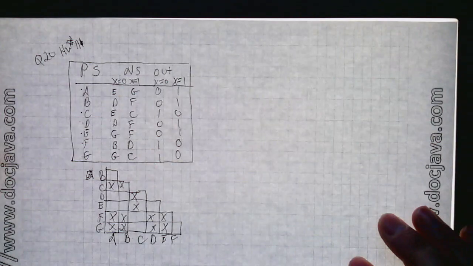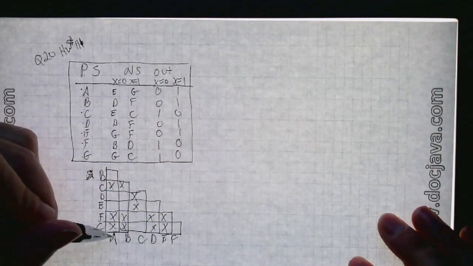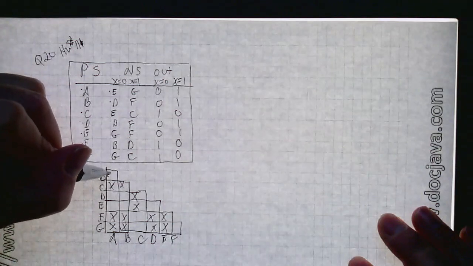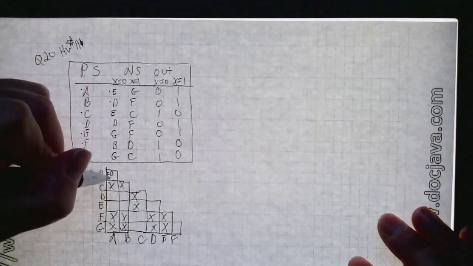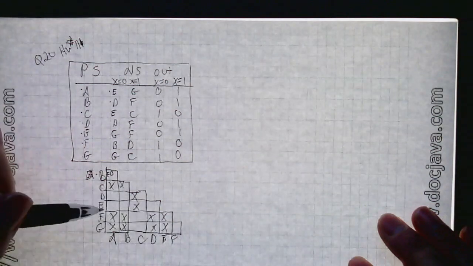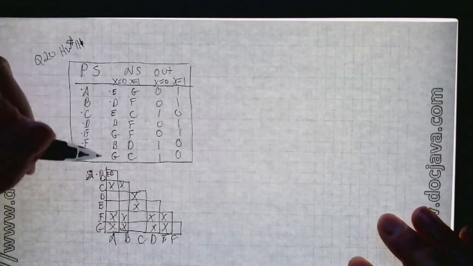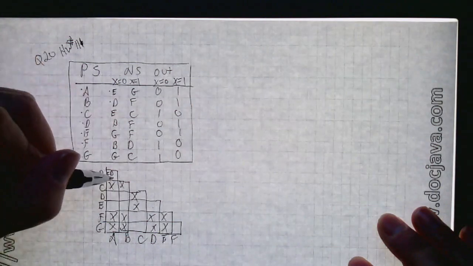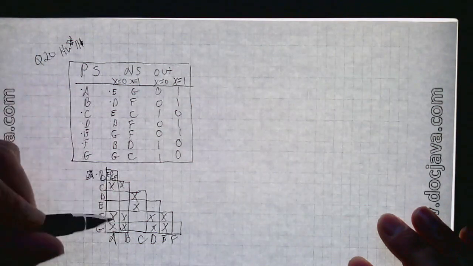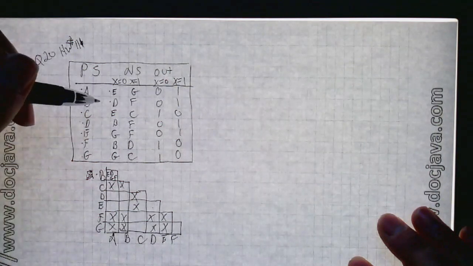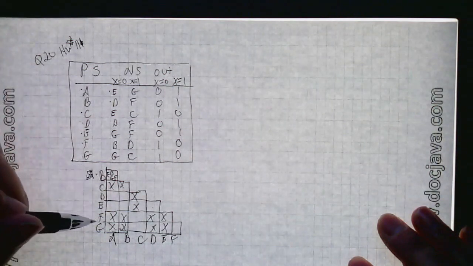So, what do we do? Let's see. A is equal to B if E equals D, and if G equals F. Does E equal D? Let's see. We don't know. What about G and F? Does G equal F? So let's take a look. G and F, we don't know. How about we go and explore E and D?